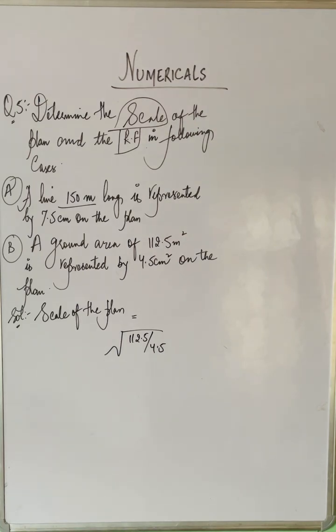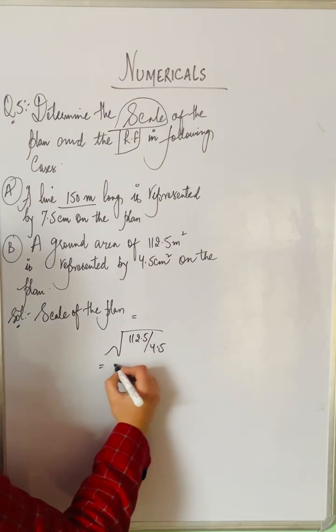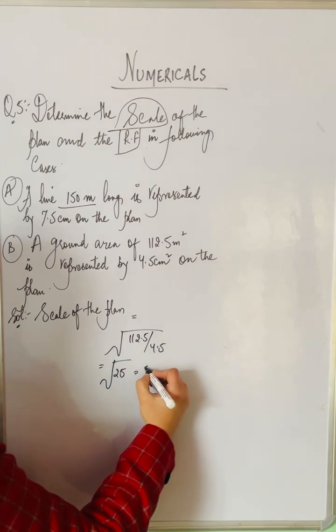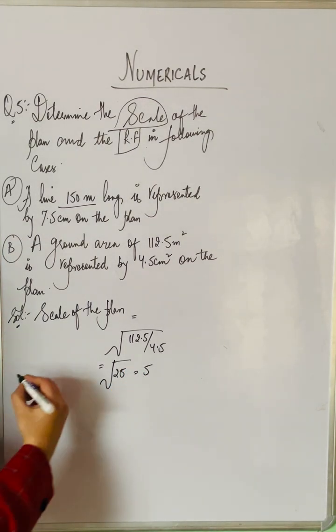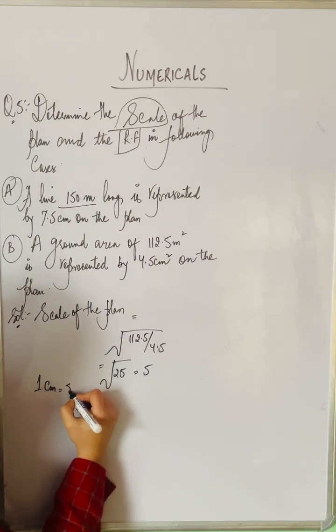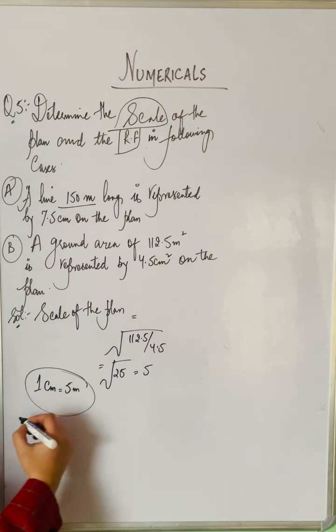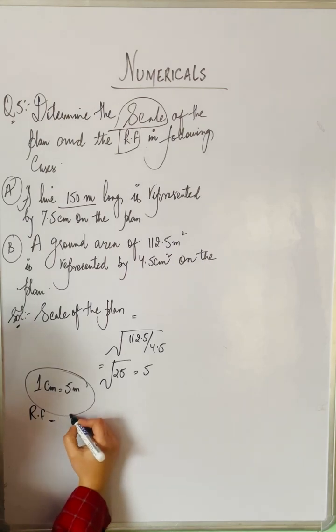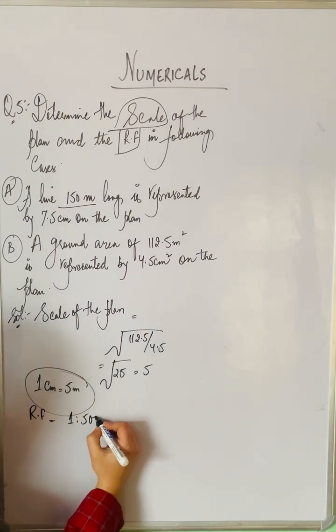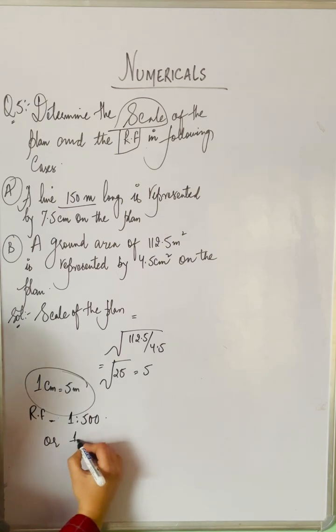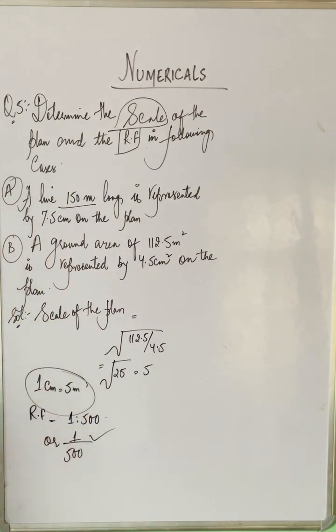So the scale of the plan by calculation will come equivalent to 5. That means every centimeter on the plan represents 5 meters on the ground. This is the scale, and the corresponding representative fraction will be 1 by 500. Right? So we calculated the scale of the plan as well as the representative fraction, and this completes our case A as well as case B.